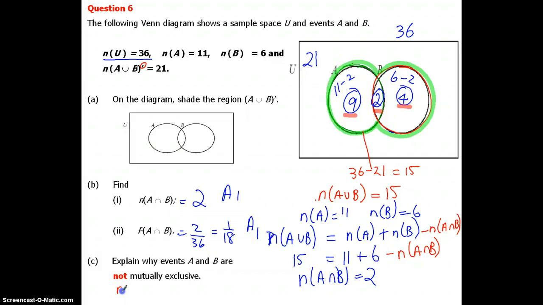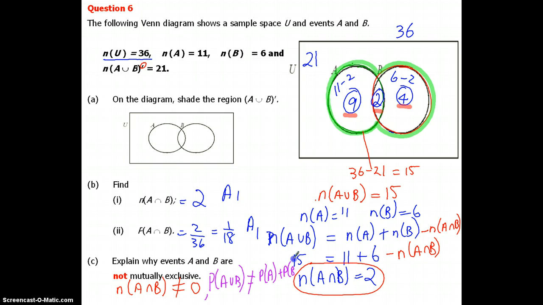You could either say that the number in A intersection B is not equal to 0, since we found A intersection B over here was equal to 2, or another option for you is also, we could say that the probability of A union B is not equal to the probability of A plus probability of B. We knew that that was 15. We knew that probability of A plus probability of B added up to 17. Since they're not equal, we know that they're not mutually exclusive.